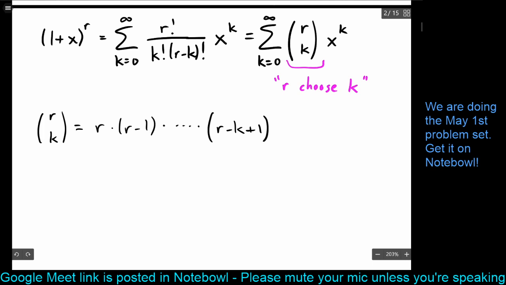Right? You can always interpret it in this way. So that way, this expression makes sense for numbers that are not integers, right? Numbers that are not 2 or 4, maybe something like 1/2.